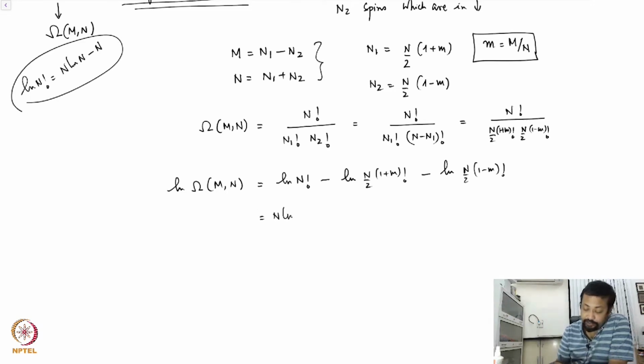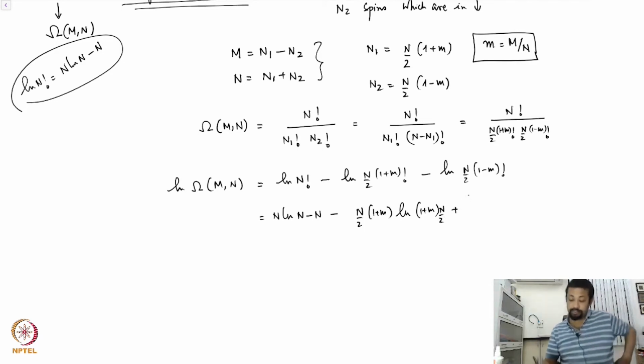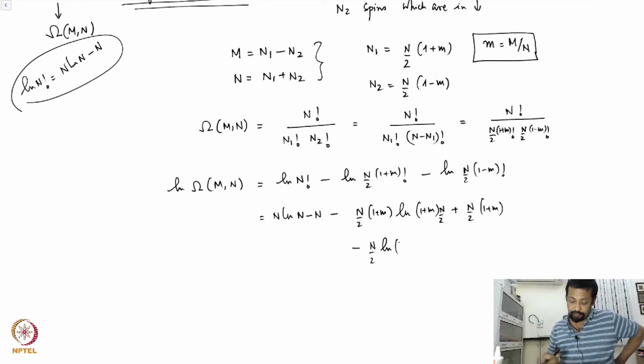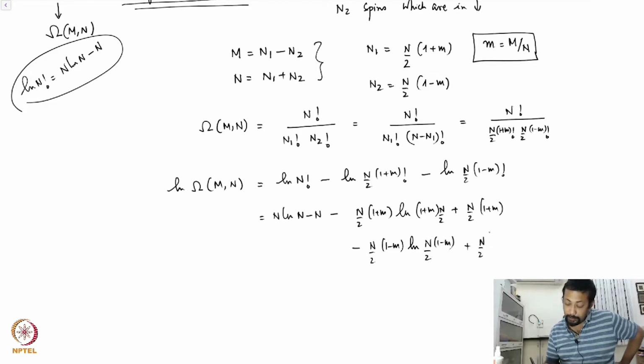So this becomes n ln n minus n, minus n by 2 into 1 plus m times ln of n by 2 into 1 plus m, and so on for the 1 minus m term.